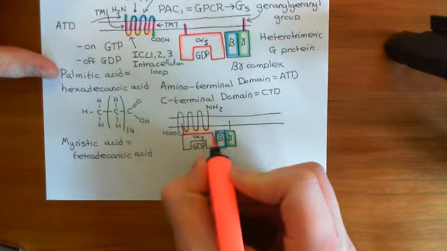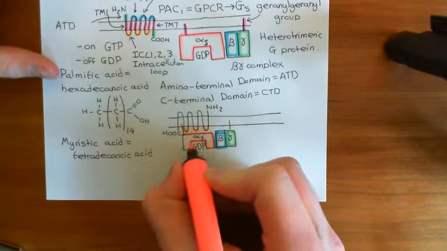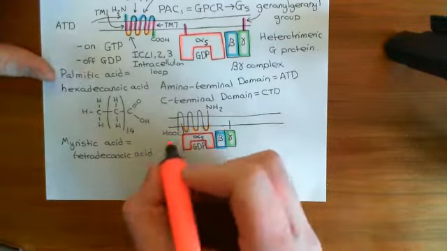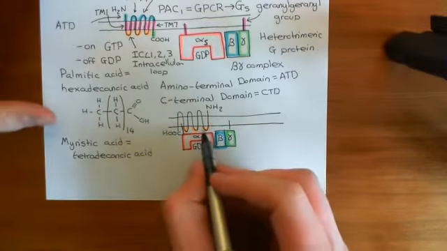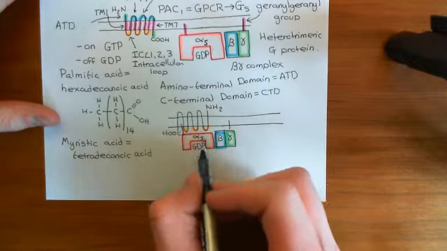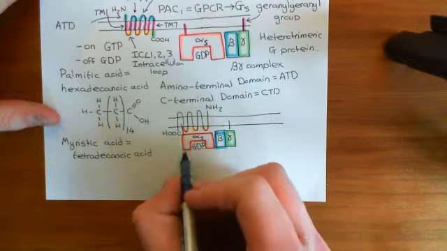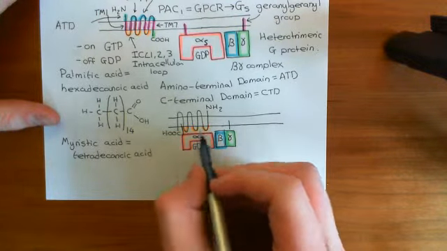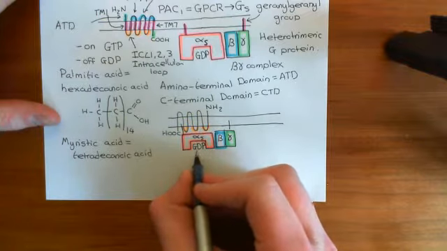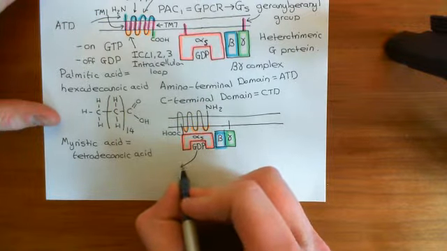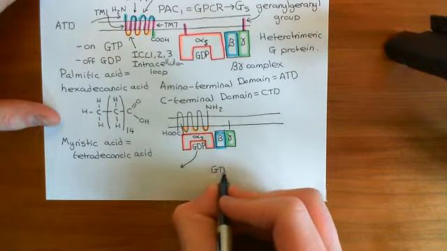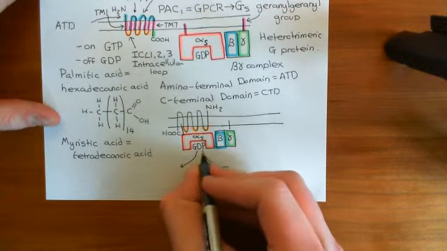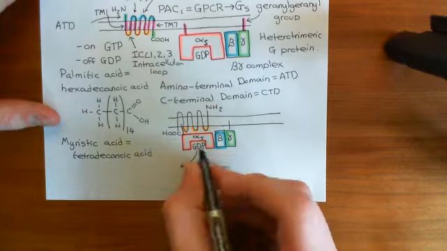So the alpha subunit within the heterotrimeric G protein binds to the free intracellular loops of our PAC1 receptor. The binding of this alpha S subunit to those free intracellular loops is going to catalyze the alpha S subunit releasing its guanosine diphosphate that is bound to it, and instead binding guanosine triphosphate from the cytoplasm.